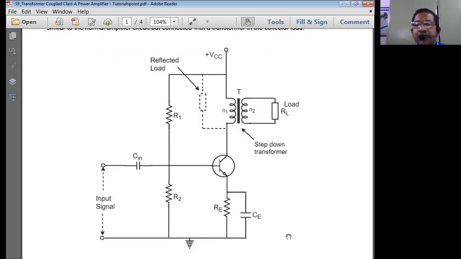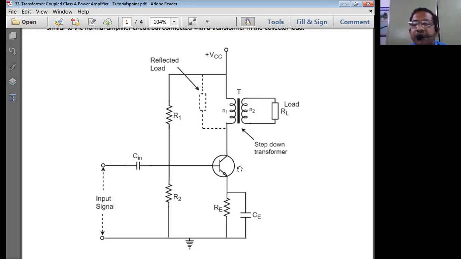What are the disadvantages? Because of the transformer, the circuit becomes bulkier. The weight of the circuit is going to increase, so the circuit becomes bulky. And the frequency response of the transformer coupled amplifier is going to be poorer than the frequency response of an RC coupled amplifier. So it is going to have poor frequency response.